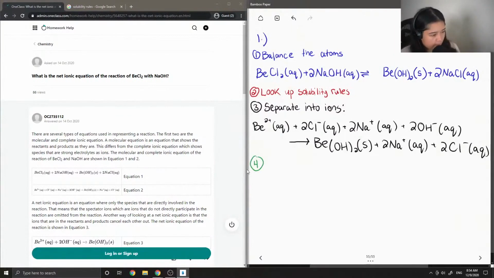Okay, so step 4 is to remove your spectator ions. So spectator ions will appear the same for both your reactants and your products.